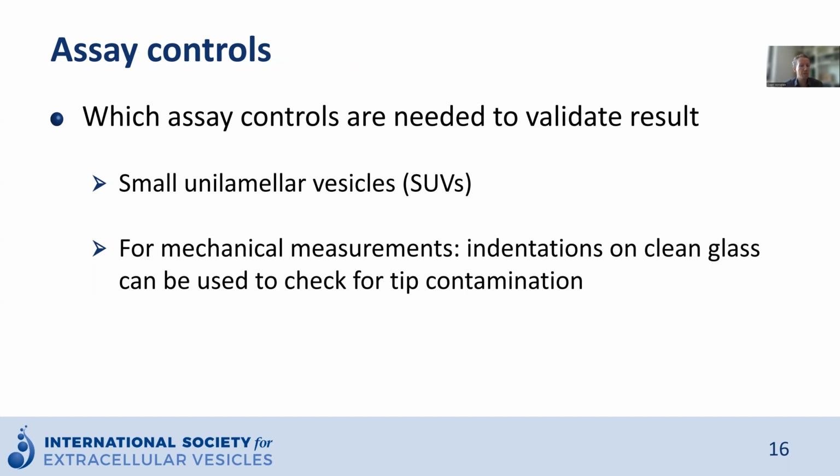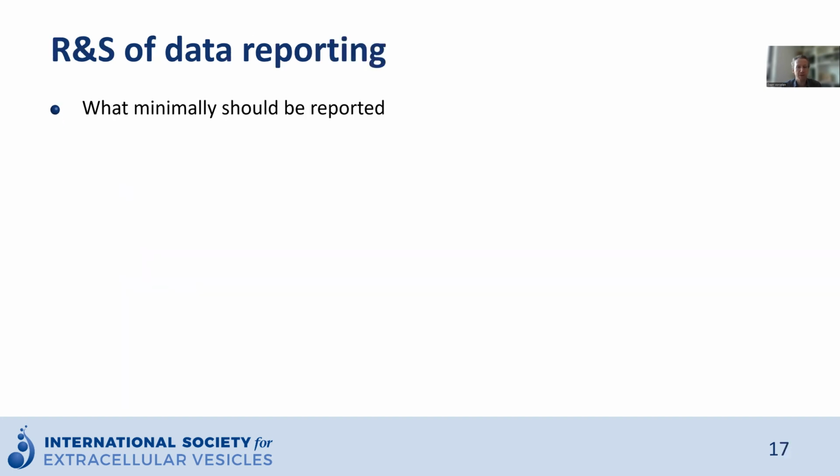For example, at some point you might be indenting a vesicle with another vesicle. So when you indent on the glass surface, you can easily detect if your tip is contaminated, because what you should observe is a linear slope that reflects purely the cantilever response, no force drops. If you suspect contamination of the AFM tip during an experiment, you can best replace your AFM tip.